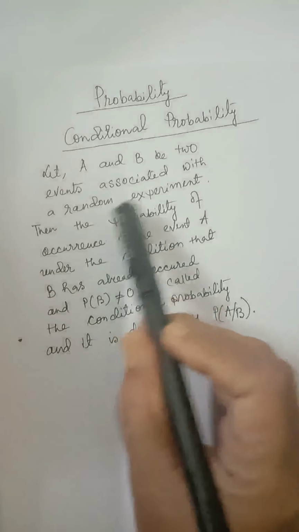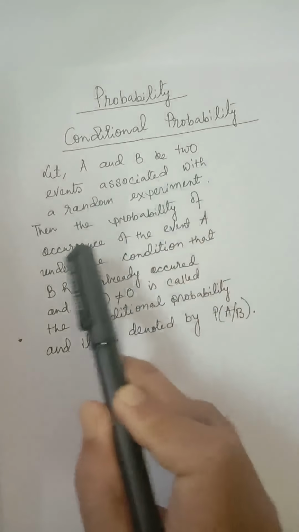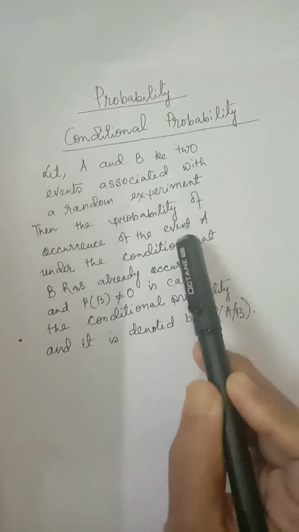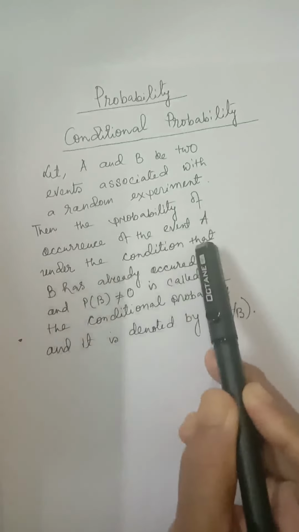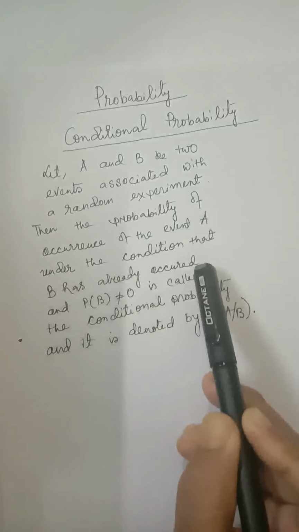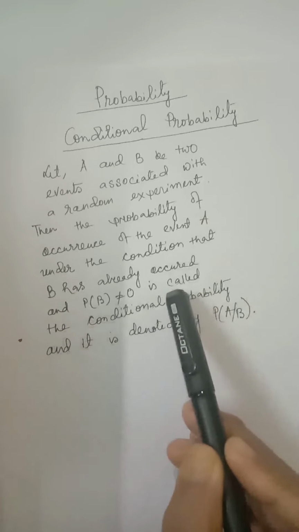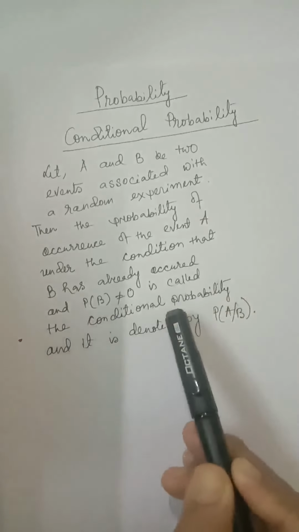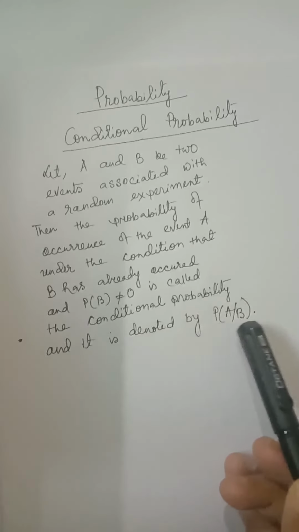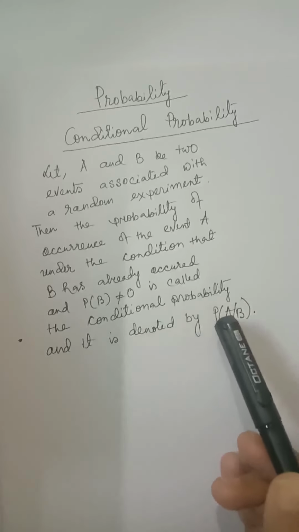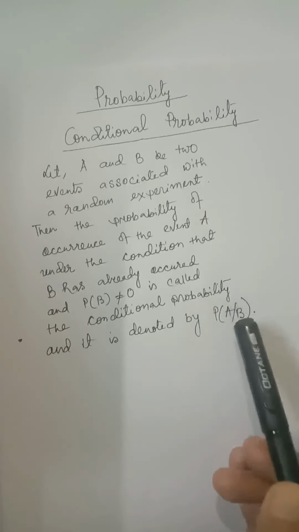Let A and B be two events associated with a random experiment. Then the probability of occurrence of the event A, that is probability of A, under the condition that B has already occurred and probability of B not equal to 0, is called the conditional probability, and it is denoted by P(A/B). P(A/B) means probability of the event A when B has already occurred.